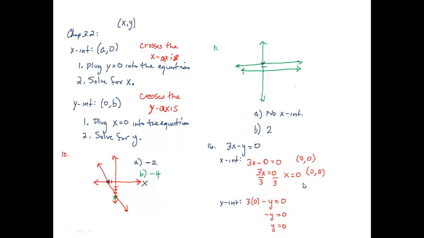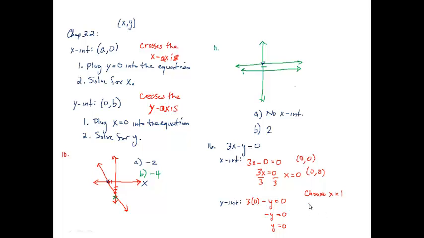But how am I going to graph this if I only have one point? What you'll have to do is pick another point, any point, just like you did before in 3.1. You pick the x and you solve for y. So how about this? Choose x to be equal to 1.